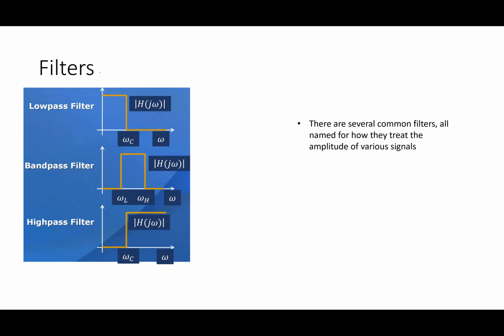What I'm looking at on the y-axis here is the magnitude of H of j omega. And I define this thing here, omega c, which is oftentimes called the cutoff frequency. We have all kinds of terms for it, but for now, I'm just going to call it the cutoff frequency.